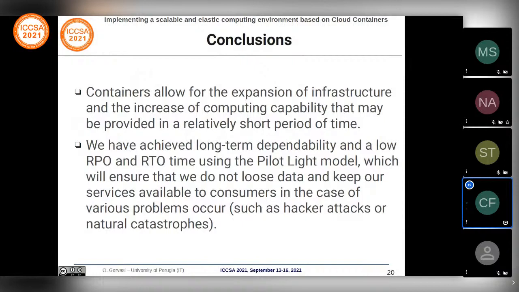Quite easily we can implement a solution that will reduce the RPO and RTO and guarantee a disaster recovery design that is perfectly horizontally scalable and able to resist, deploying the servers even in the presence of hacker attacks or other types of problems. Thank you.